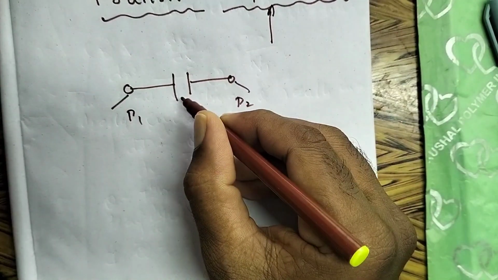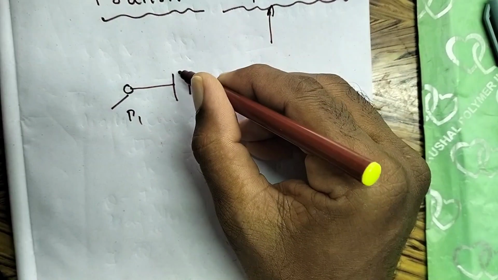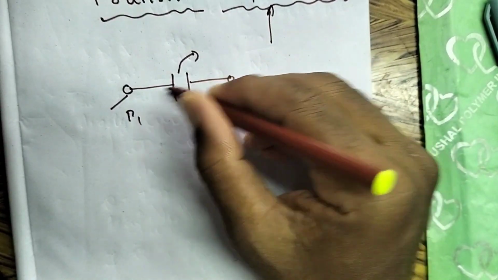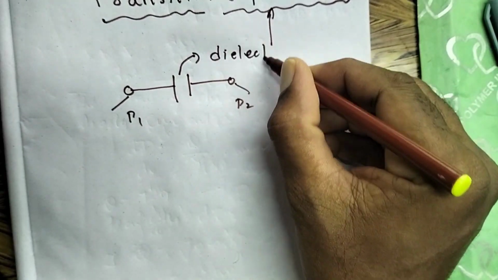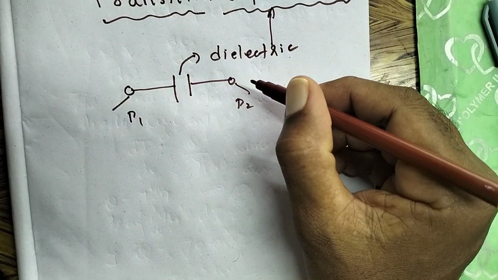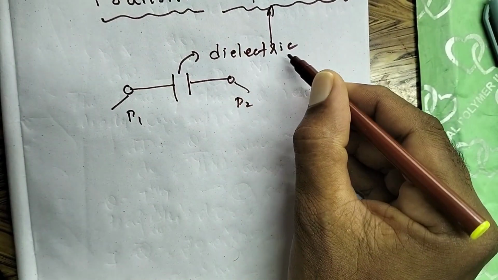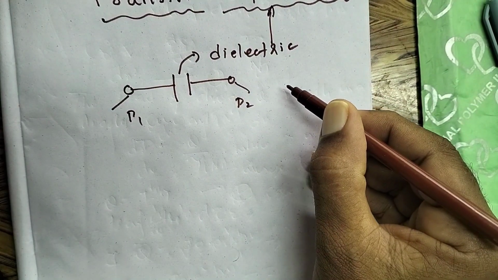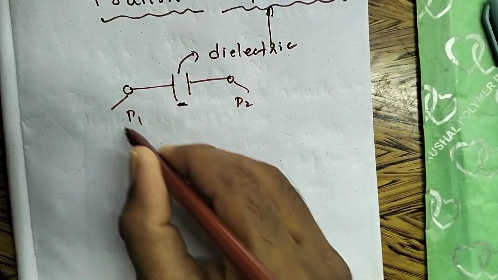In between, to fill the gap between these two conductors, we place a dielectric material, or you can say insulating material. This gap is filled by dielectric or insulating material. So there is some gap, and this is nothing but a capacitance.